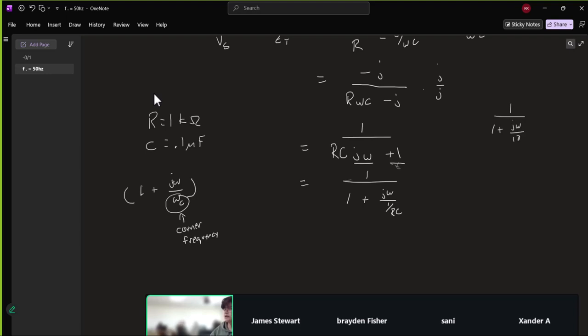It might be easier to see if we plug in numbers. So I have 1 over 1 plus 0.0001 J omega, maybe. 1,000 times 0.1 micro. I think that's right.